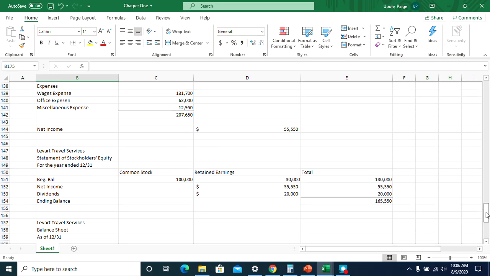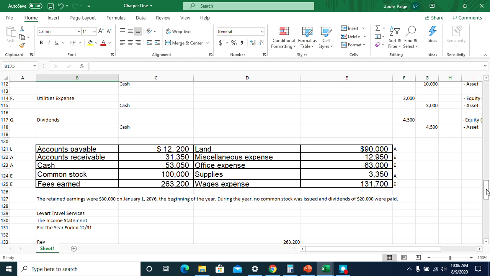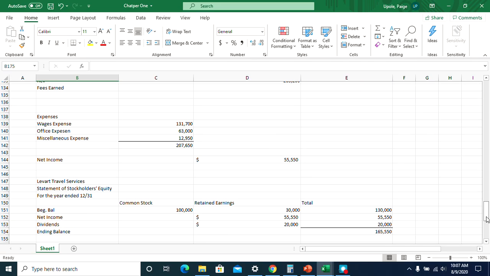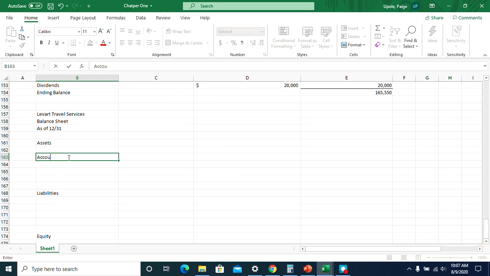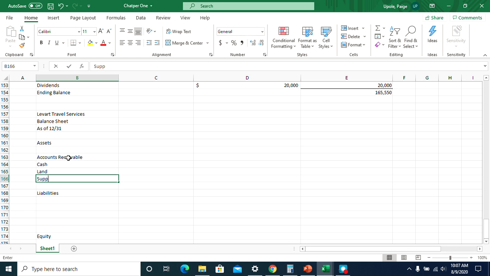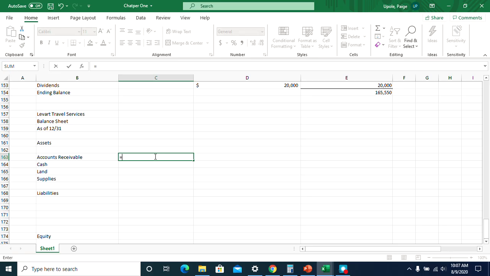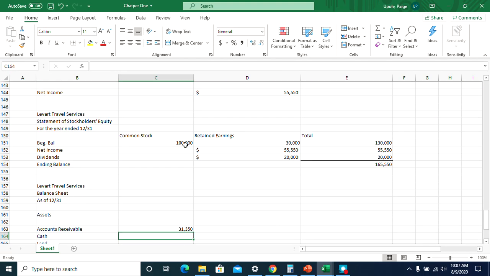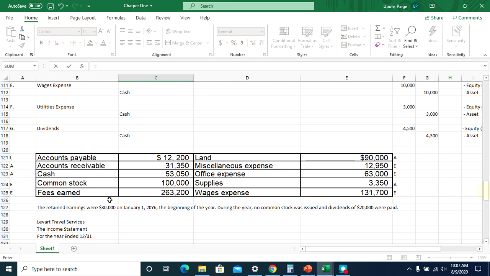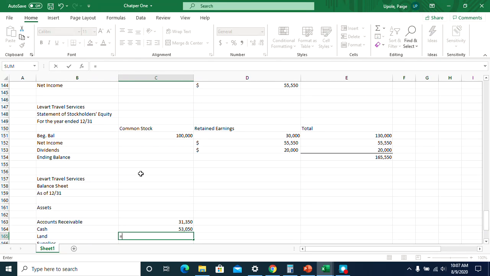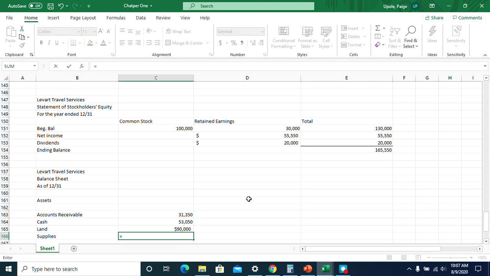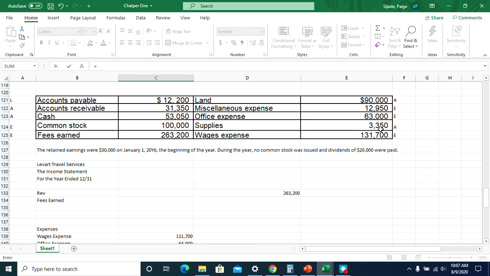So we come back up to the information, our problem, and we see assets. We have accounts receivable, cash, land, and supplies. So we go ahead and we break all those out. Accounts receivable, cash, land, supplies. Accounts receivable was this balance, cash, this balance, land, this balance, and then supplies, this balance.